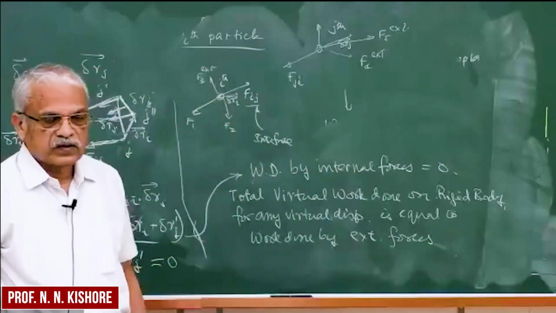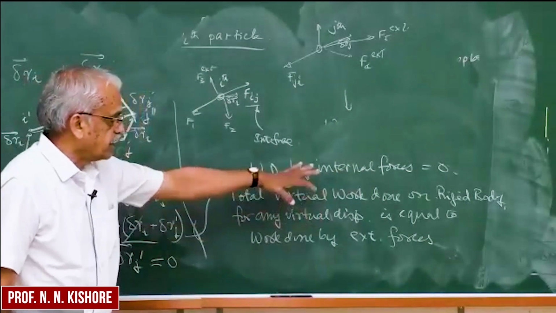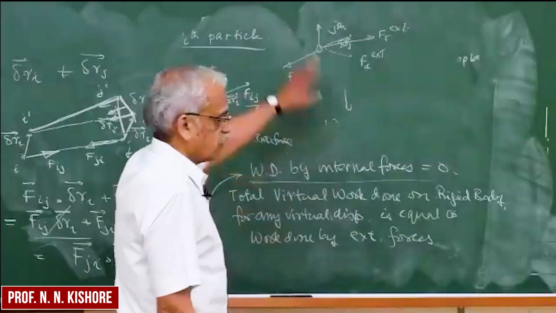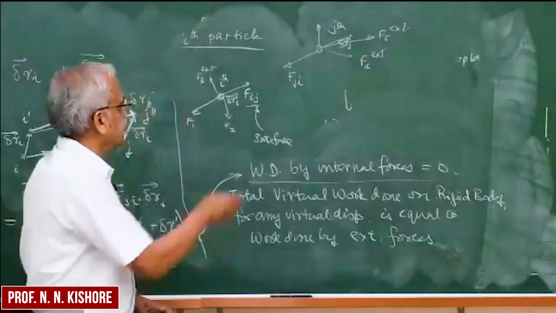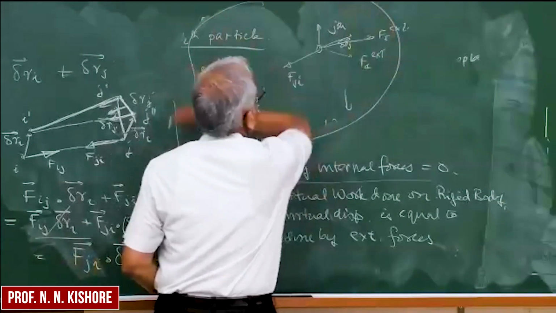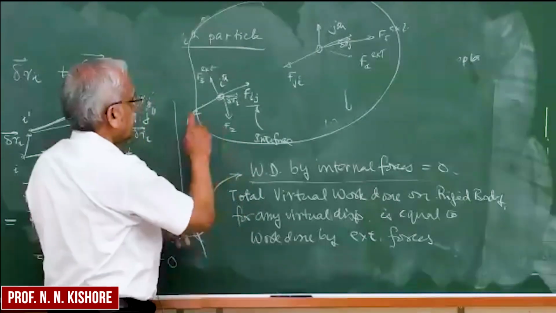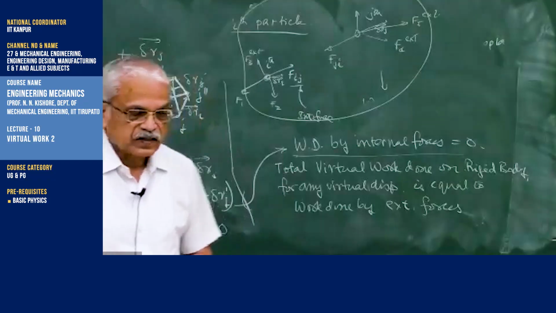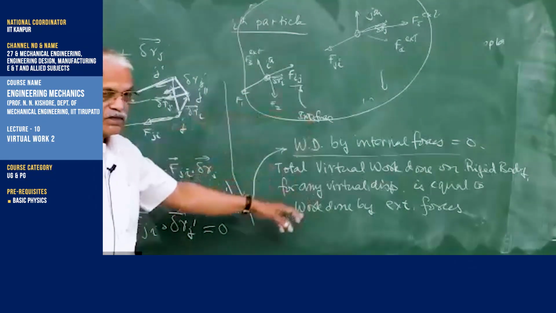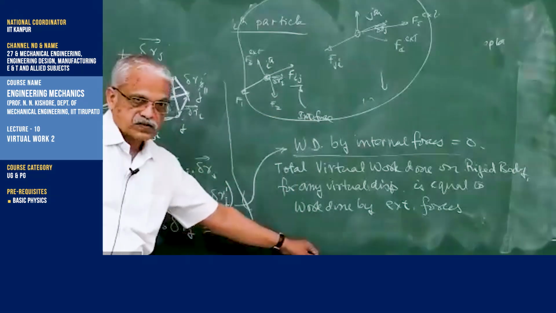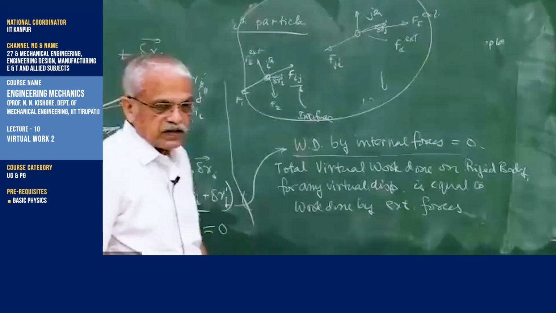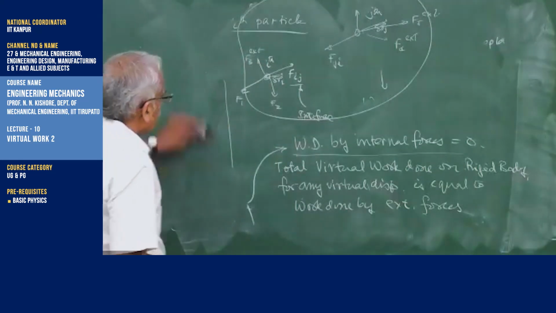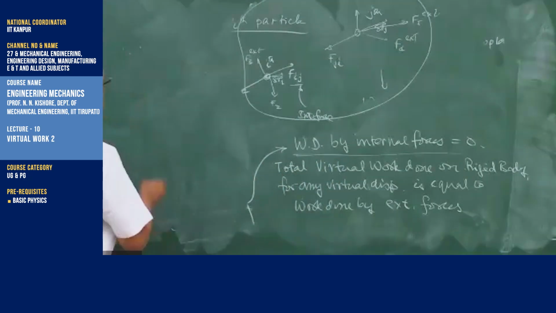The work done by internal forces is equal to 0. So the total work done by all the forces on the rigid body: if you have a rigid body like this, all these internal forces get cancelled as far as the work done is concerned. That leaves only the work done by the external forces. This is very important for rigid body calculations. This can be extended to a system of bodies.